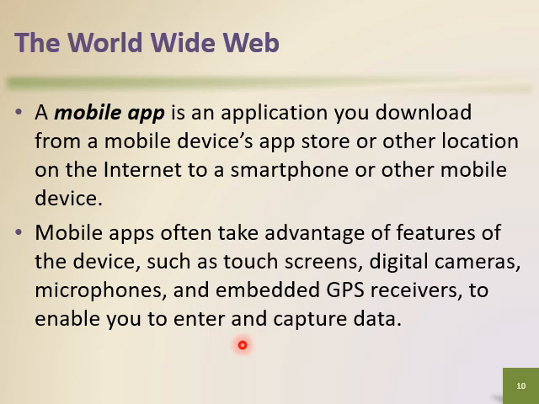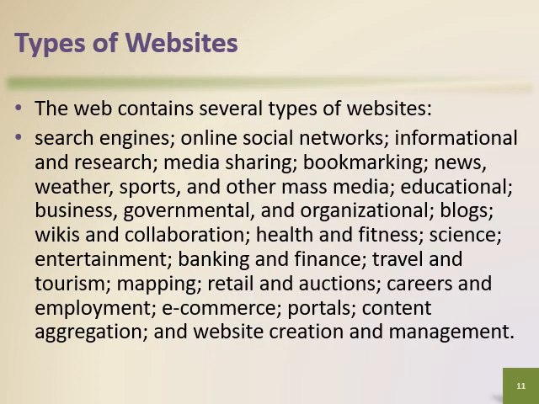Then we have the types of websites. We have various different types of websites available. These include search engines, online social networks, media sharing websites, bookmarking, news, weather, sports, mass media, TV, educational, government, business, organization.